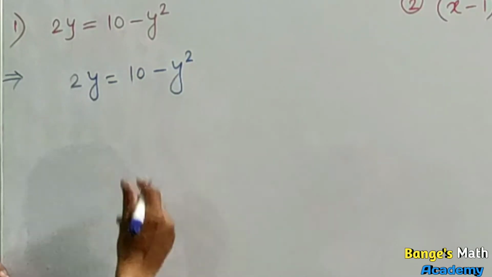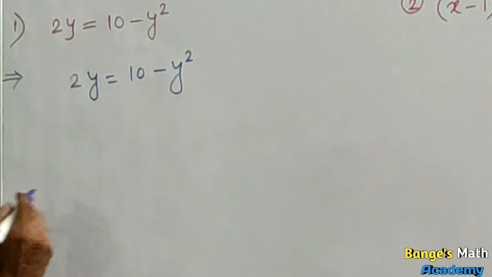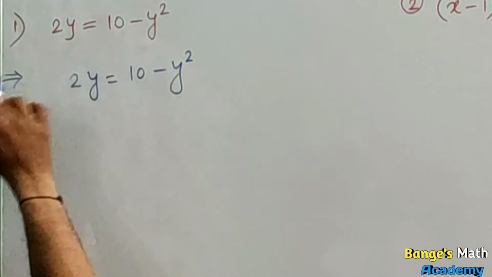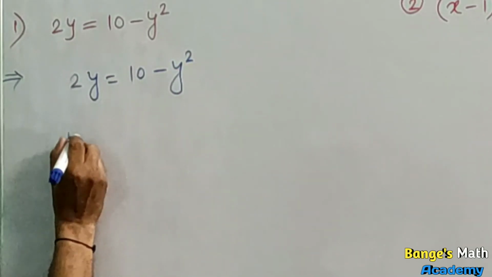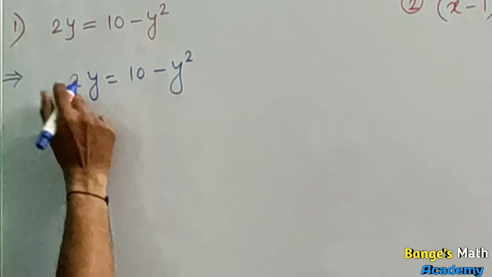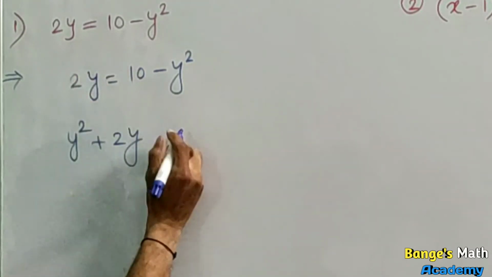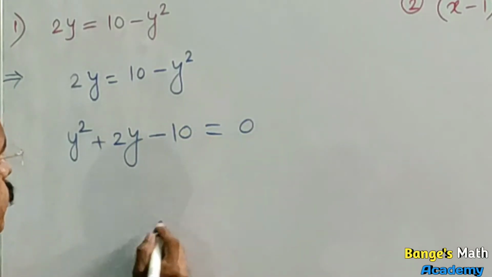So transfer 10 minus y square to LHS. Minus y square transferred to LHS becomes plus y square, plus 2y, transfer plus 10 to LHS, minus 10 is equal to 0.